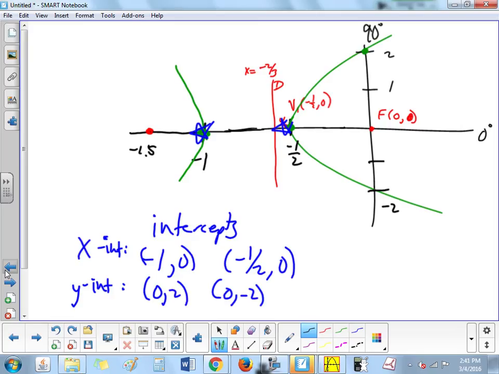This one's done. That's a lot of work. I'll bet you can tell me where that other directrix is now. Right now, this is negative 1/2.